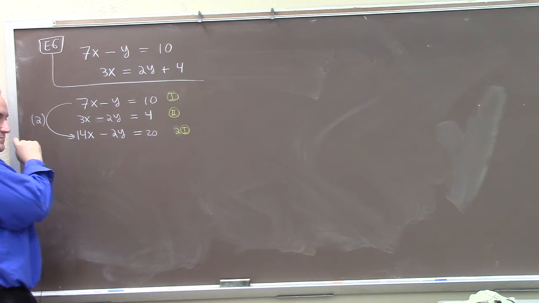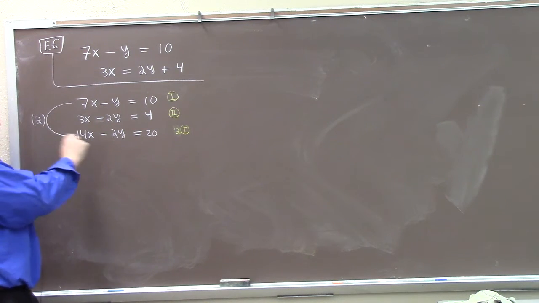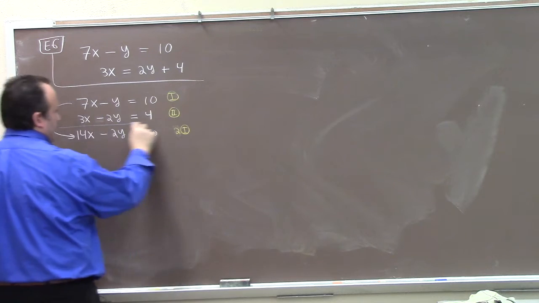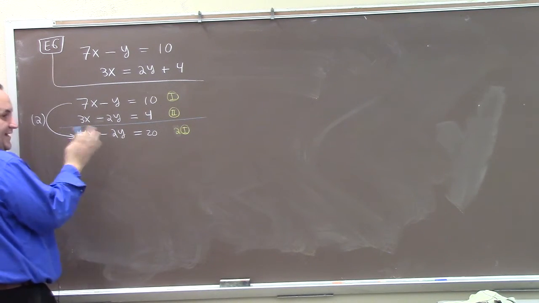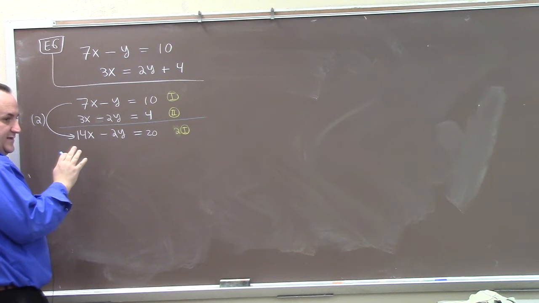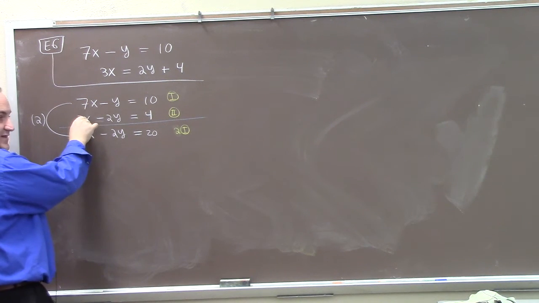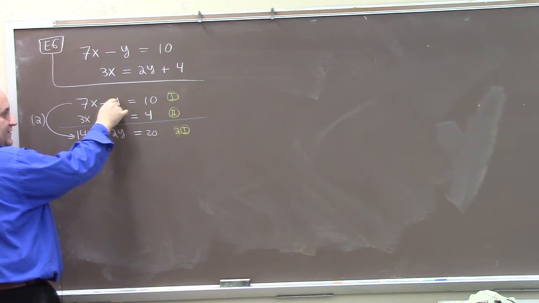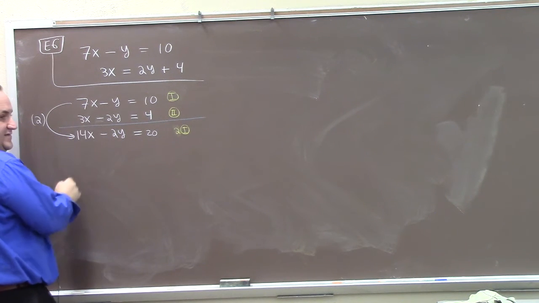Why multiply by 2? We started with this, and before this, we had this, up here. I want to add or subtract equations for the method of elimination, but to do that, I either got to make this and that match up to cancel out, or this and that. Making 3 and 7 match is a pain.